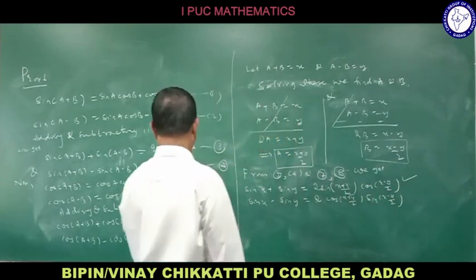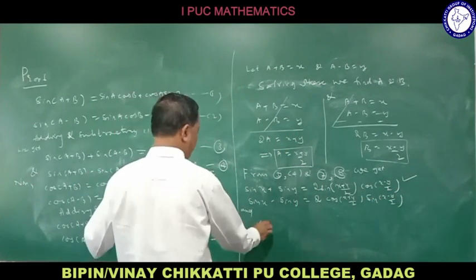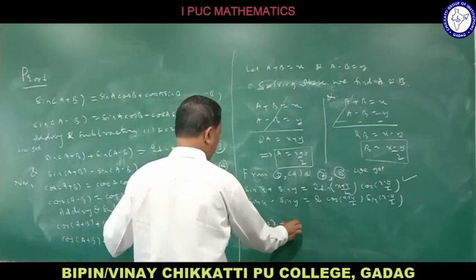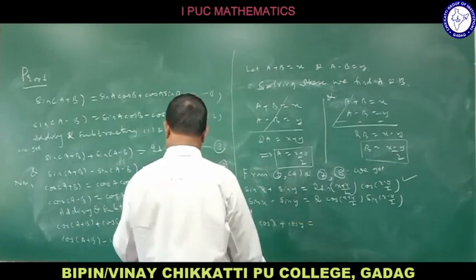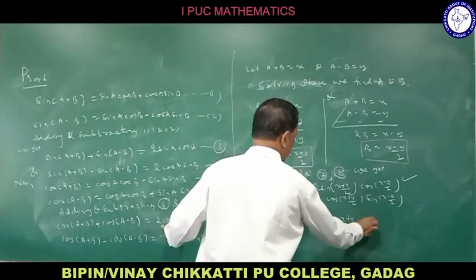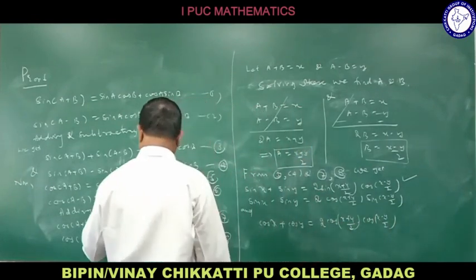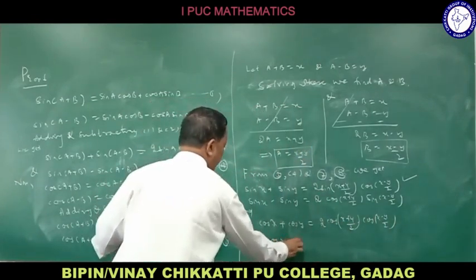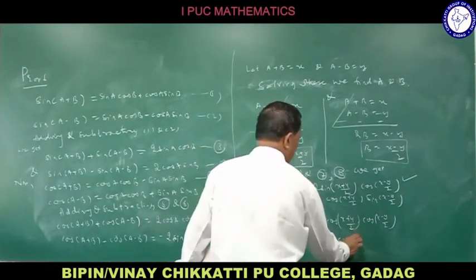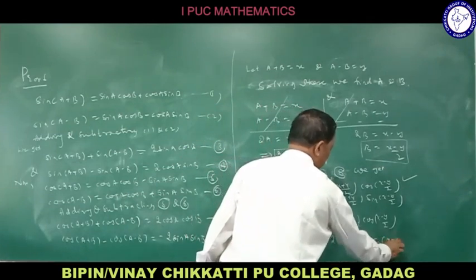And now you see 7 and 8. Cos x plus cos y is equal to 2 cos a, which means x plus y by 2, into cos of x minus y by 2, and finally cos x minus cos y is equal to minus 2 sin of x plus y by 2 into sin of x minus y by 2.